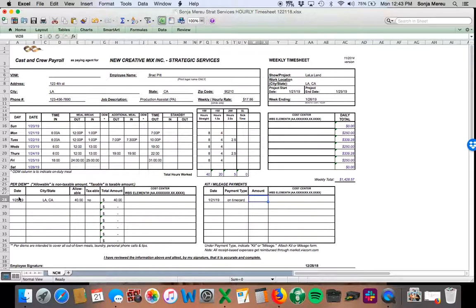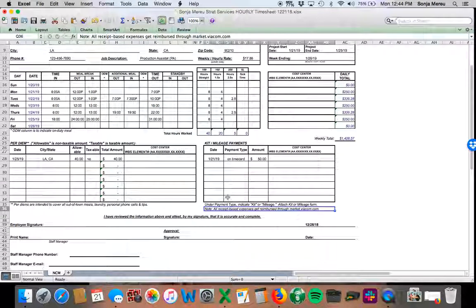And then the amount would be whatever your kit fee is for. Let's say it's $50 a day. And then again, if they give you a code, you can put that in. And typically you'd have to fill out an additional form to relay your kit or mileage more specifically. But there you go for that.